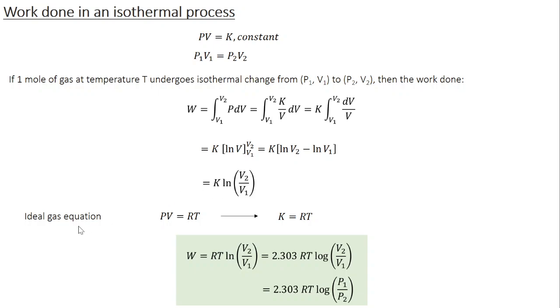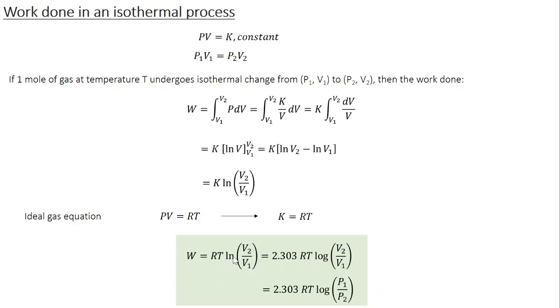Now from the ideal gas equation, I know PV equal to nRT, and if you consider 1 mole of ideal gas, PV equal to RT. We know that PV equal to K, so I can write RT equal to K, which means in this equation I can substitute for K and write RT instead. So work done during an isothermal process is RT ln V2 by V1.